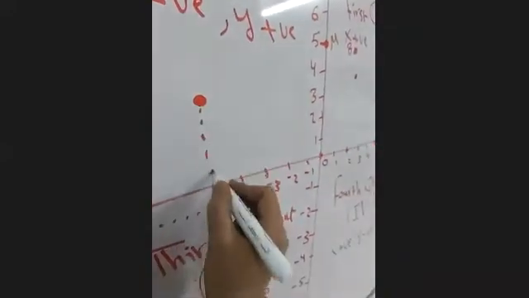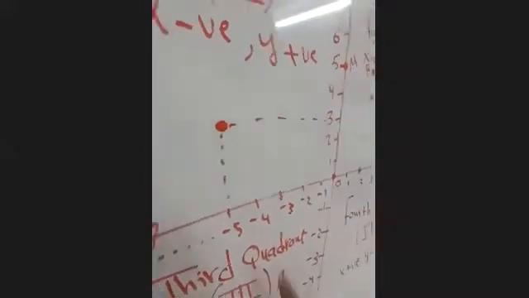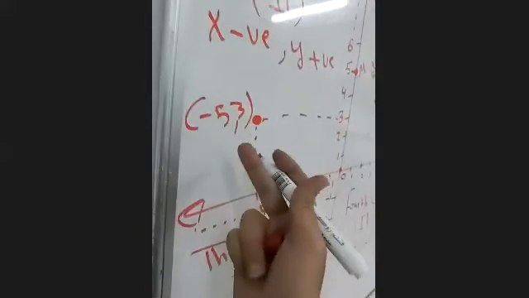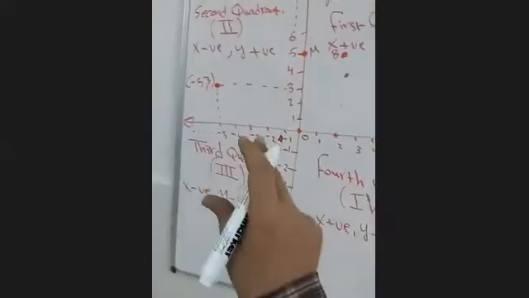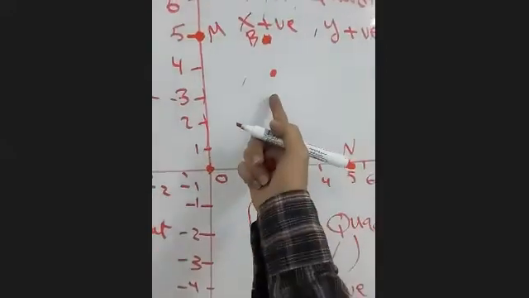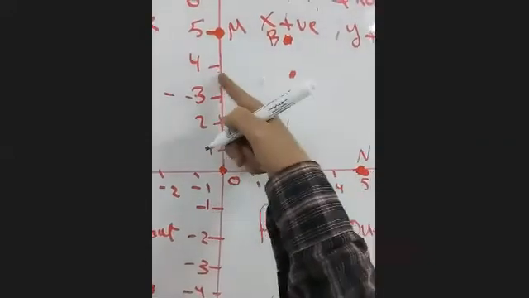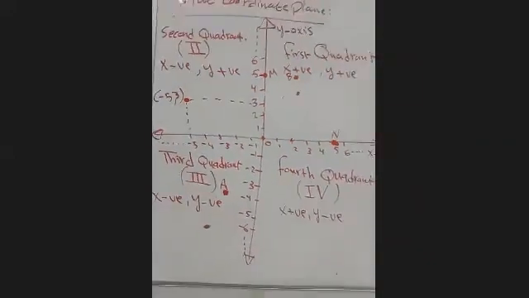First, I will take x, then I will take y. For this point, what's x? It's -5. What's y? It's 3. So the coordinates of this point are (-5, 3). Sometimes I give you the point and you plot it here. Sometimes I will show you the point and ask for its coordinates. You will say (2, 4).